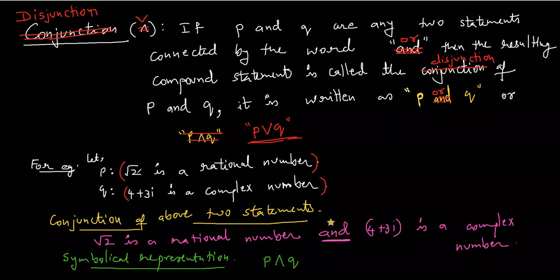Now here is the example. Let P be root 2 is a rational number, Q, 4 plus 3i is a complex number. So the disjunction of the above two statements, not the conjunction. What are we writing, students? We are writing disjunction of the above two statements. It will be root 2 is a rational number, or, what will you write here, my dear students? You will write here or.